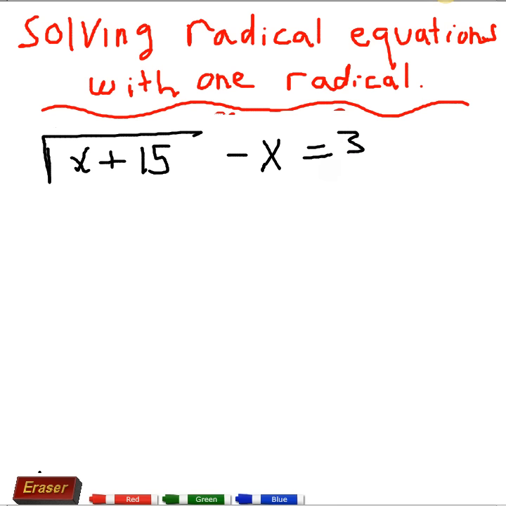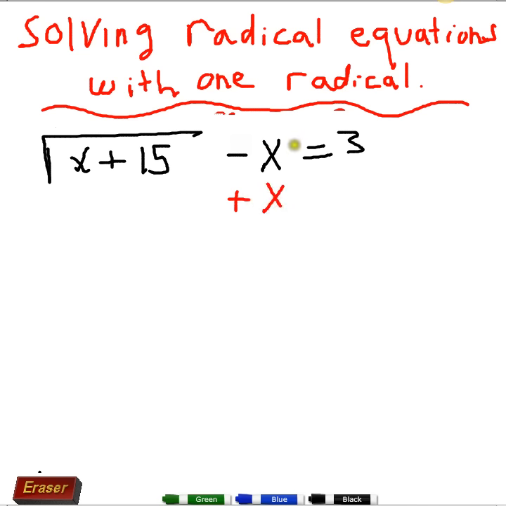Remember, on our first problem I said the first step to solving these problems is you want to isolate the thing with the square root onto one side. Well, we have this negative x here, so this problem isn't how we want it to look yet. So the first step is to do the opposite of what's being done to the x.